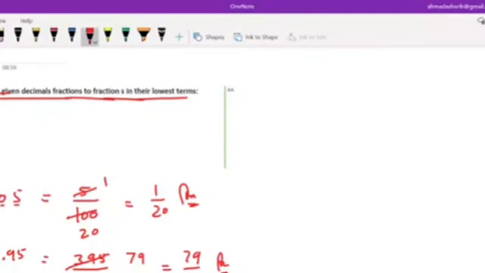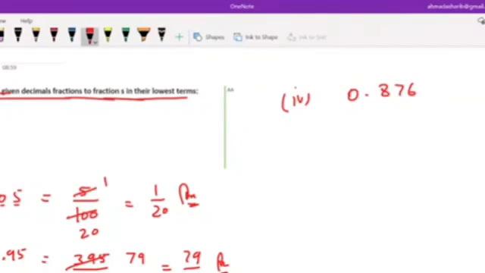Okay, the next question is the fourth, and it is 0.876. So can you convert it into the fraction in the lowest term? Now tell me the answer of part 4. I'm waiting for your answer. 0.876.